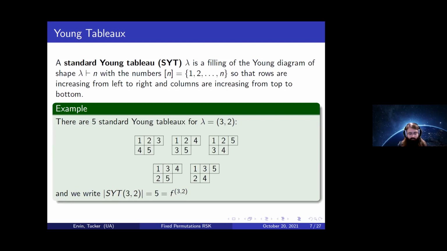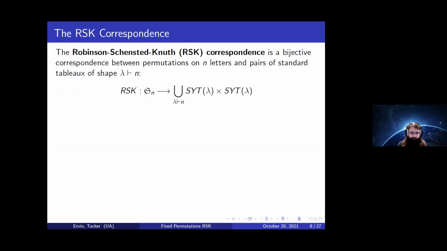Okay, so going back to the RSK correspondence, it takes in these permutations and it's going to spit out pairs of these standard Young tableau. So for each permutation, we get a pair of standard Young tableau of the same shape. And it's really nice because it's a bijective correspondence. Full name is Robinson Shinstead Knuth correspondence.